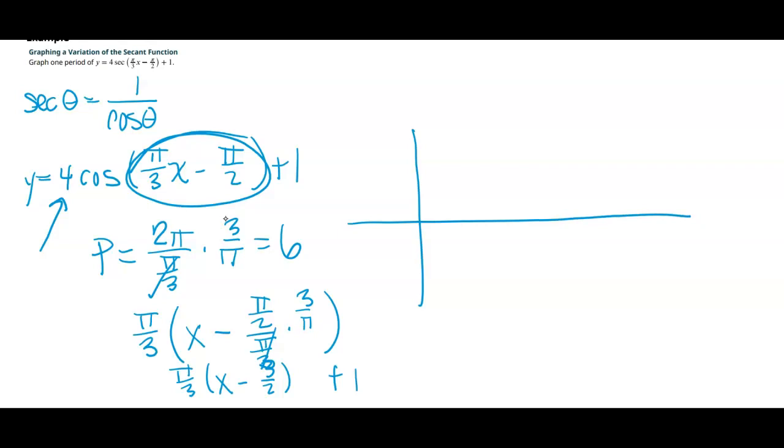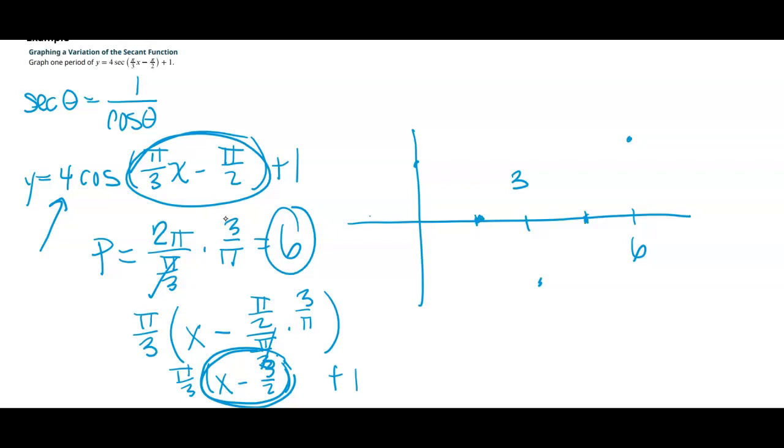Normally cosine would go here, here, here, here, and here over a period of 2 pi, but my period is 6. So then this point is 3. But then I also have to move this over by 1.5. Well, that's kind of nice actually, because 1.5 would be where these are, and then 4.5.